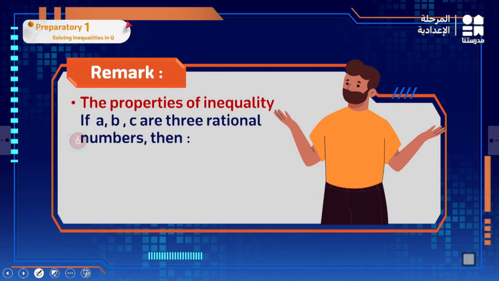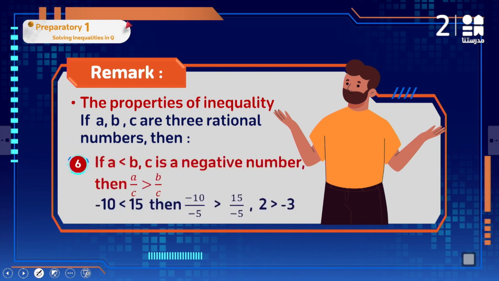And also in number 6, if A is less than B, and C is a negative number, then A over C is greater than B over C. For example, -10 is less than 15. If I divide by a negative number, we have to change the sign of the inequality.